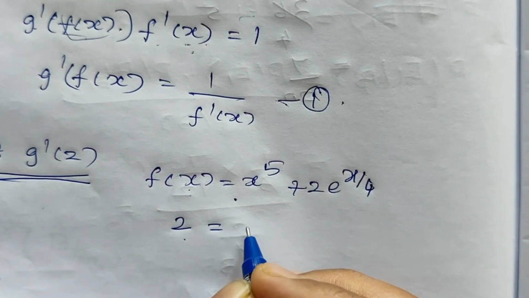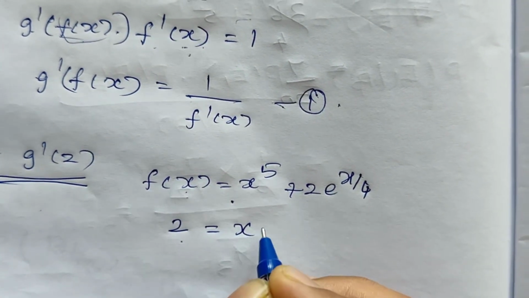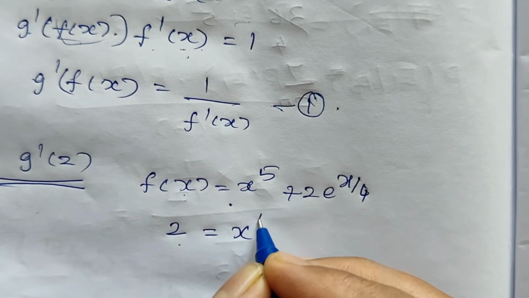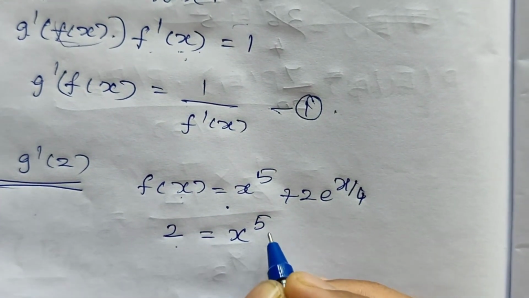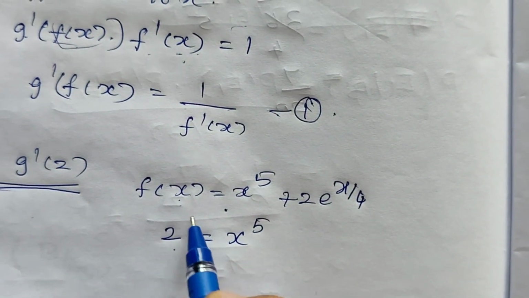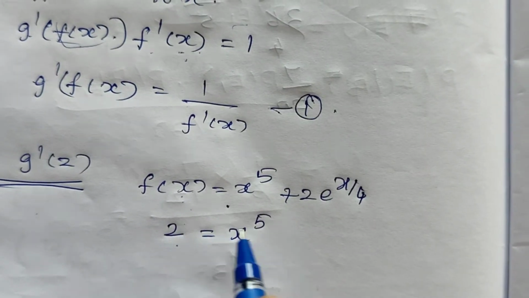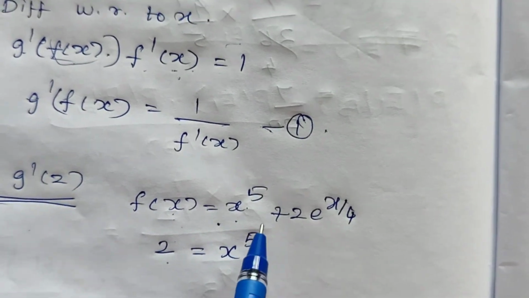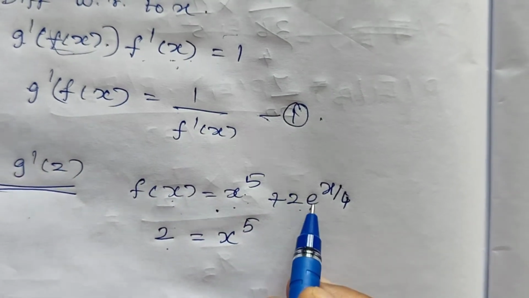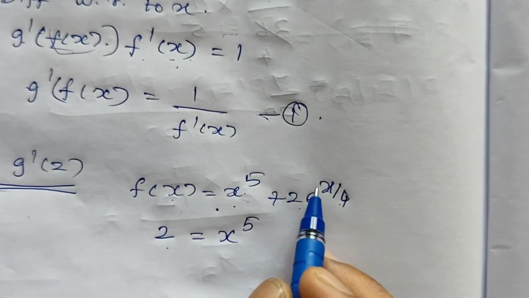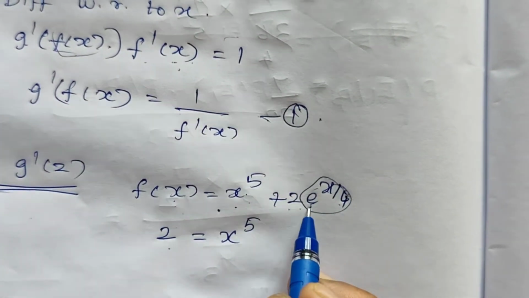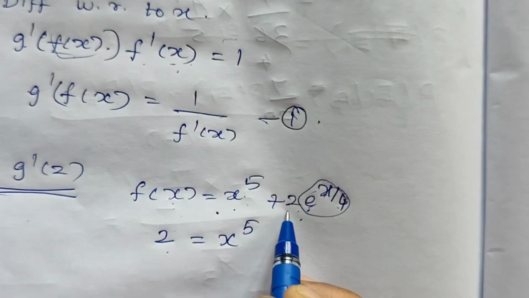x^5 is 0. If I put x = 0, then e^0 is 1, therefore we get 2.